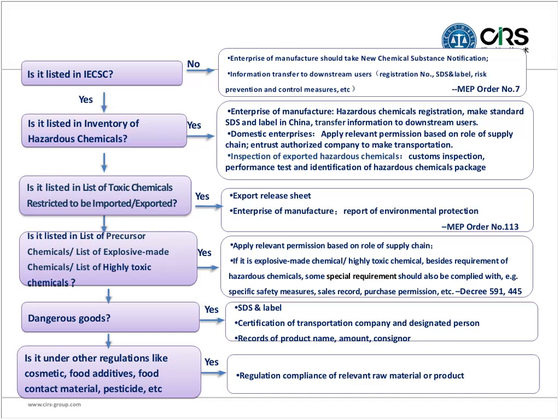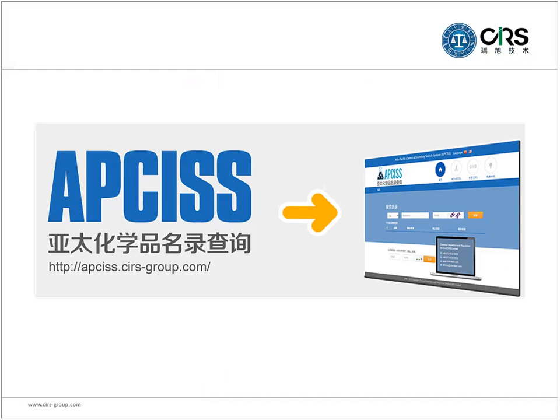Okay, so regarding all these inventories we mentioned, if you want to check whether they are listed by yourself, you are welcome to use our free system, the APCISS.